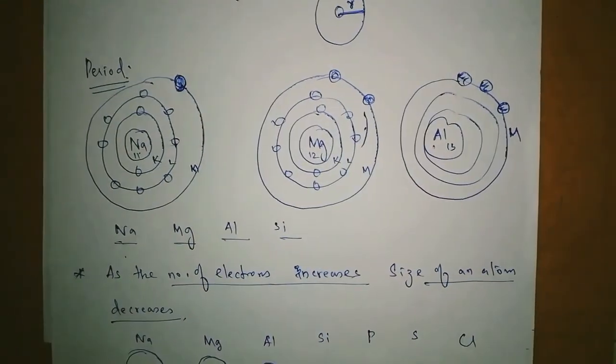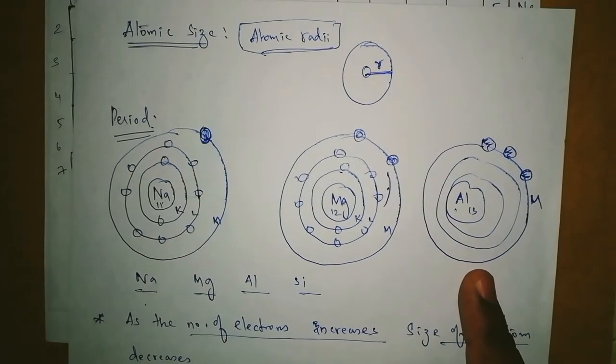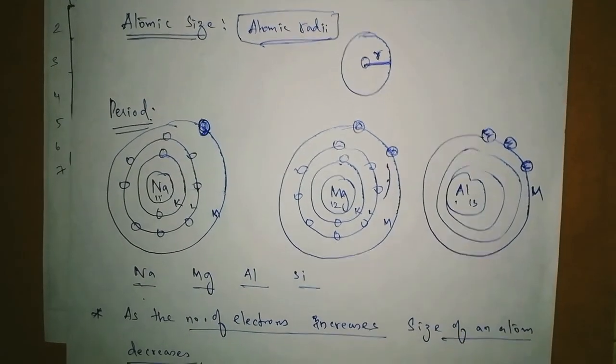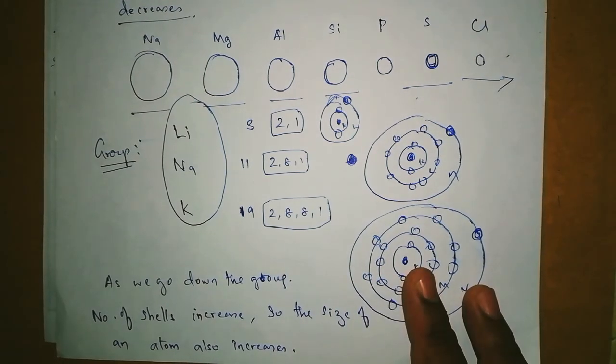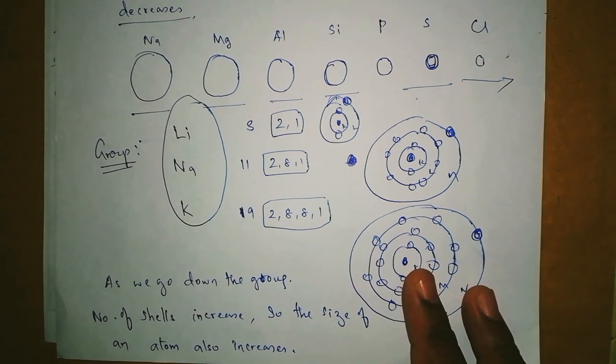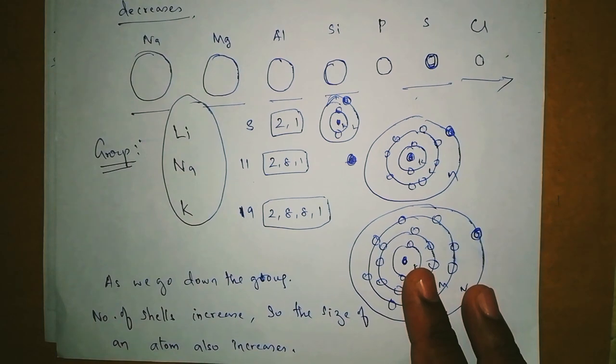And also we learned atomic size, how it varies along the period, and also along the group. Okay, student, this is what we have learned today, and tomorrow we'll be learning some more examples and some more topics.